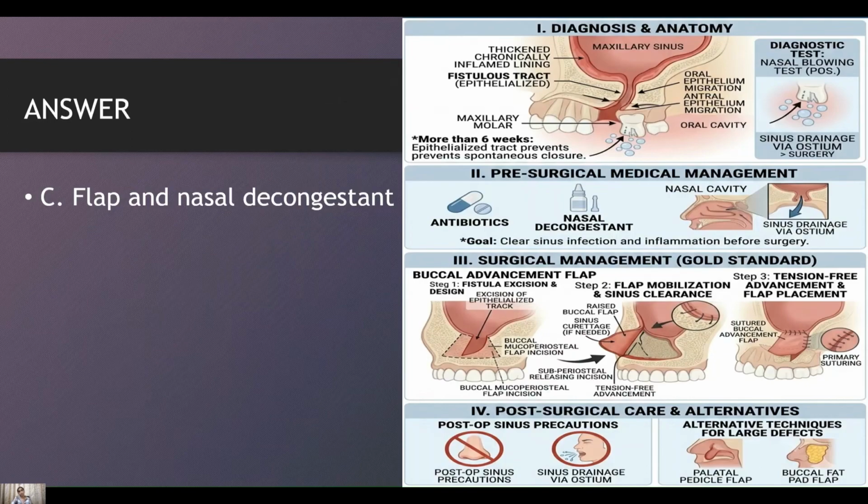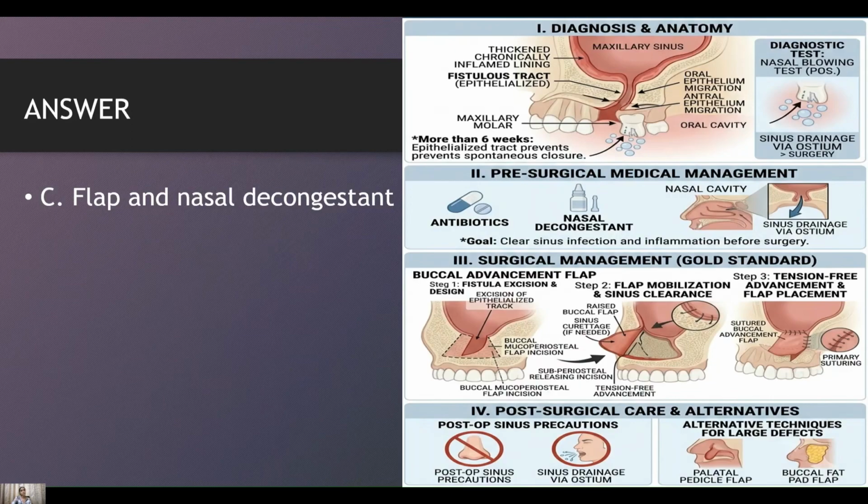When an oroantral fistula has been hanging around for more than 6 weeks, it's officially classified as a stubborn chronic tract because epithelium has now lined the pathway connecting the oral cavity to the maxillary sinus. It completely loses the biological ability to close or heal on its own. That means simply waiting it out or just handing the patient antibiotics won't cut it anymore. We have to step in surgically.